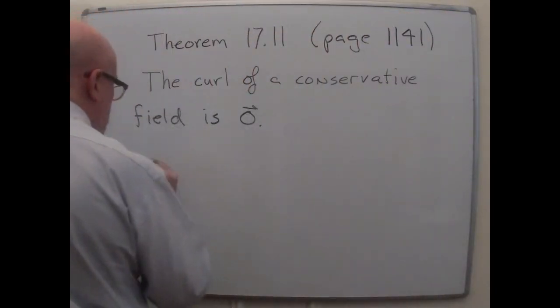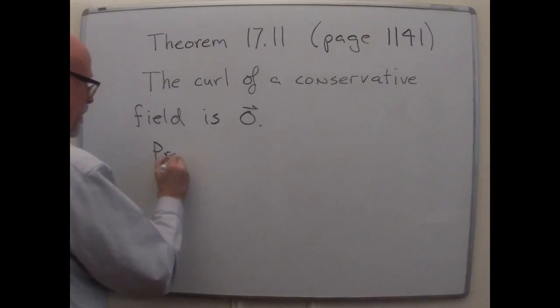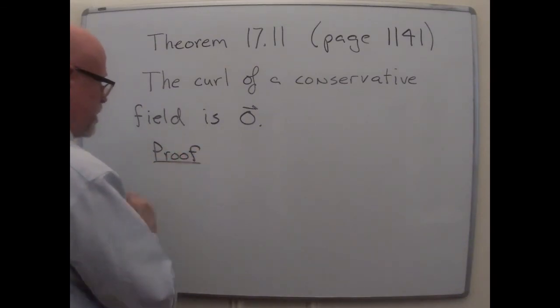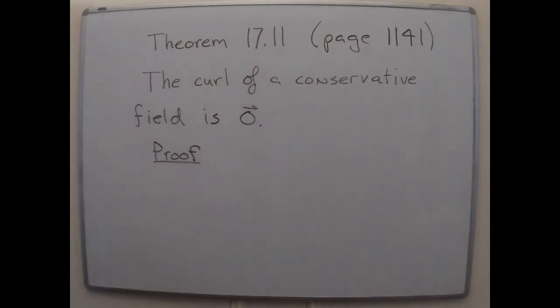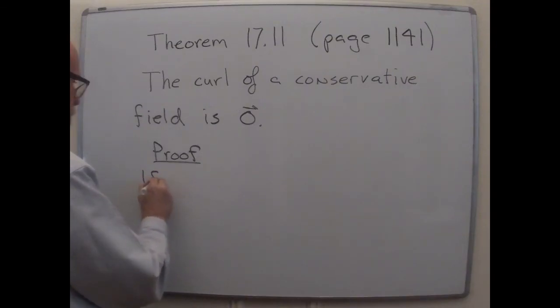So how do we prove this? Well, I think it's worth going into a little bit because it's just a computation. If you've got a field F that's a conservative field, that means it is somebody's gradient.